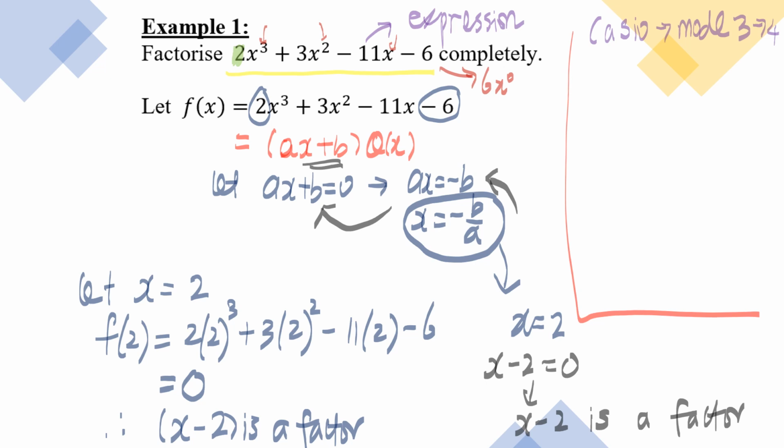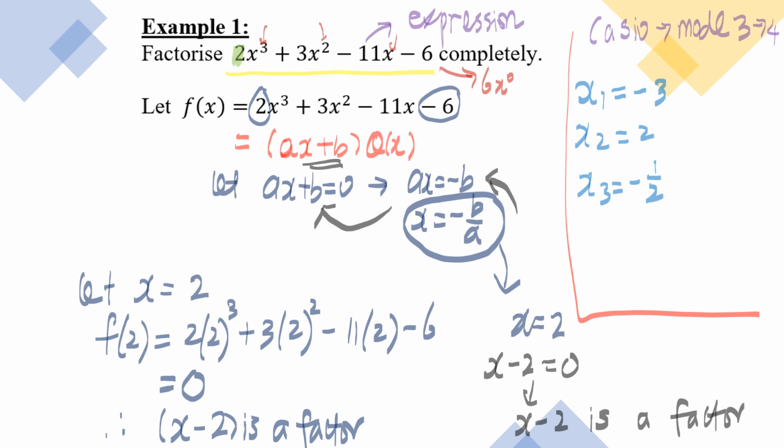On your calculator, you will see x1 equals negative 3, x2 equals 2, and x3 equals negative half.